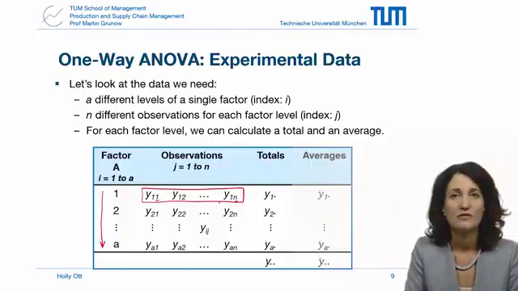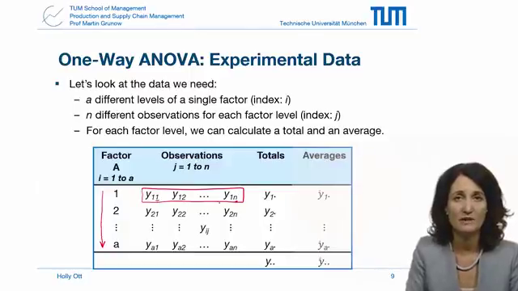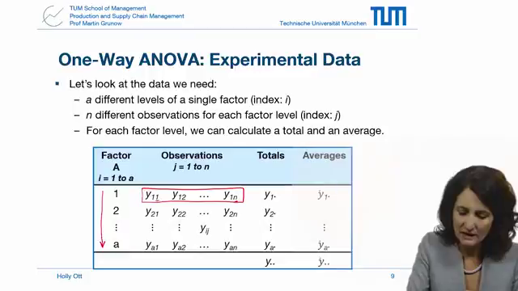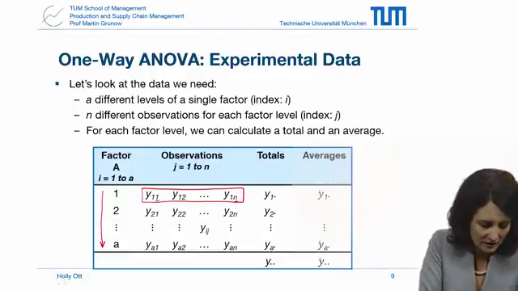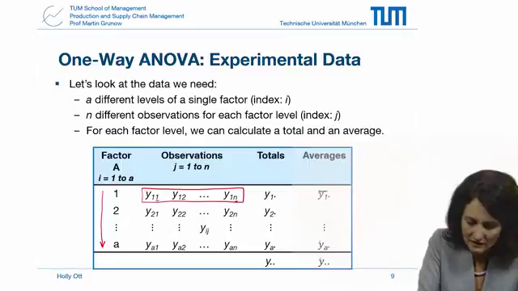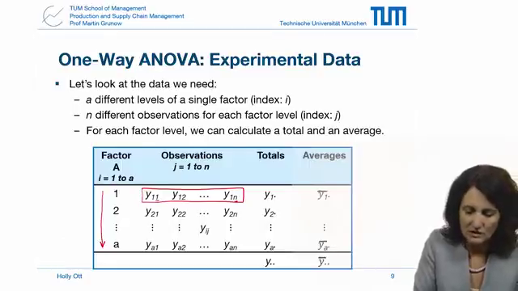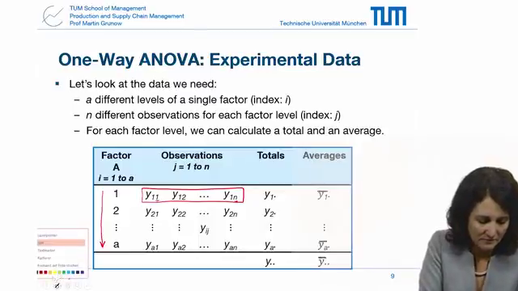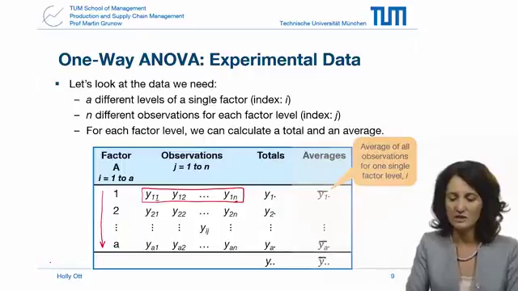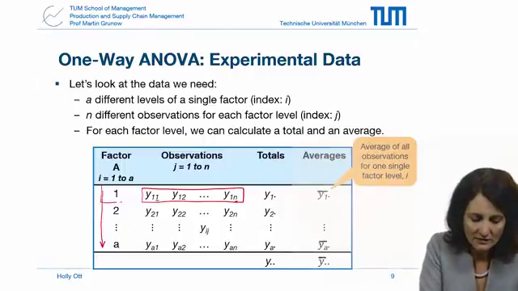Now, for each factor level, we can calculate a total value and an average value. Here, we just augment my file a little. This would be a bar, not very clear. So we have an average value for one single factor level.